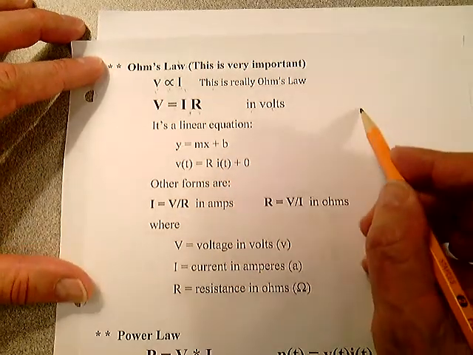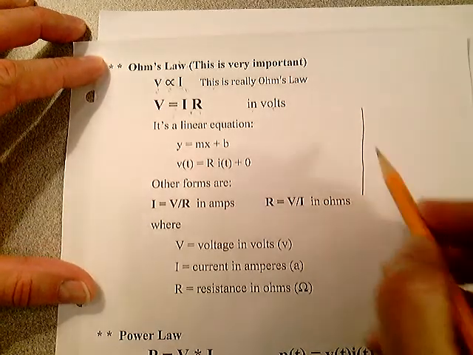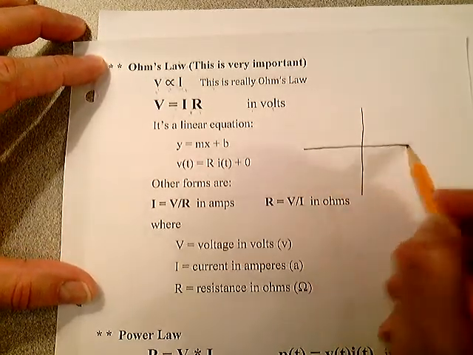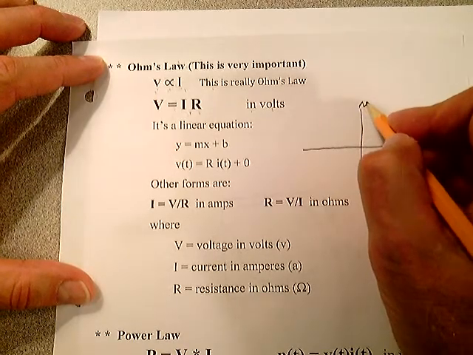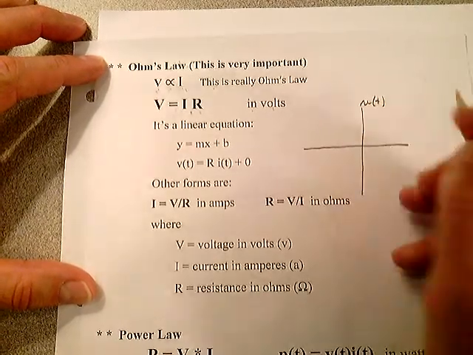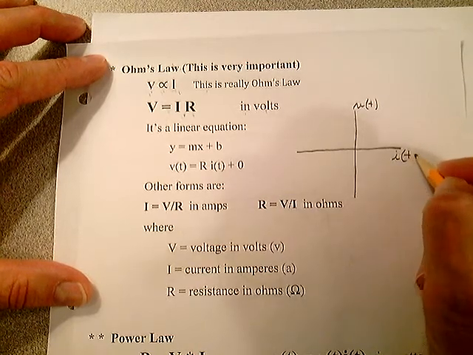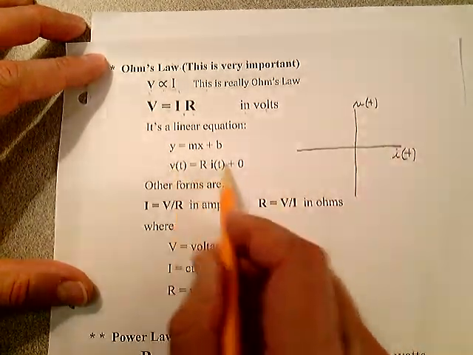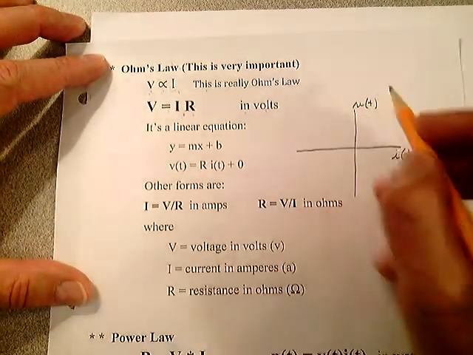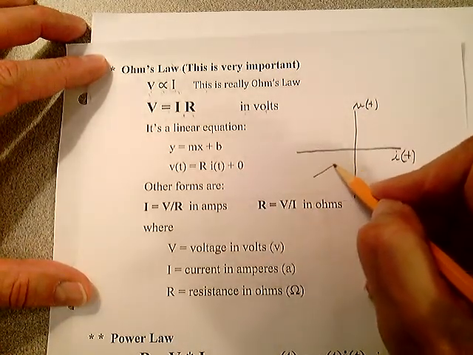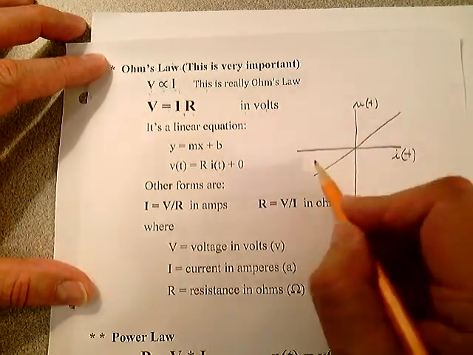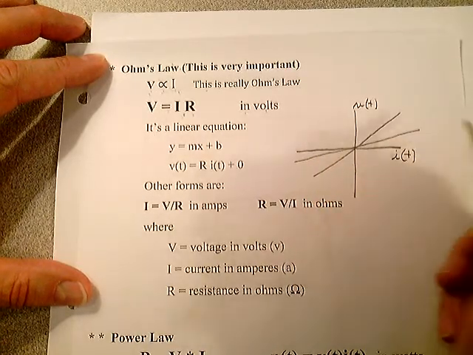So when you plot resistance values, this is going to be v of t up here, and this is going to be i of t here. There's your y and x. And resistance values look like this. One resistance value will plot like that. Another resistance value will plot like that.